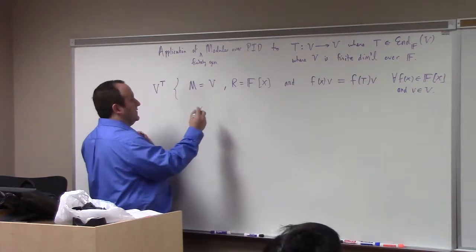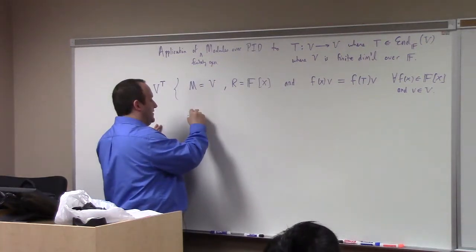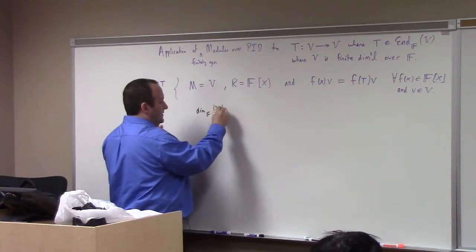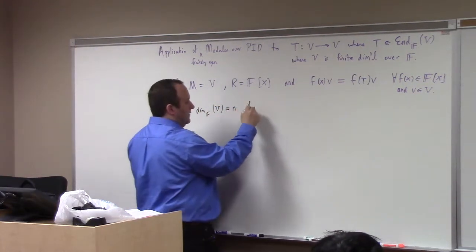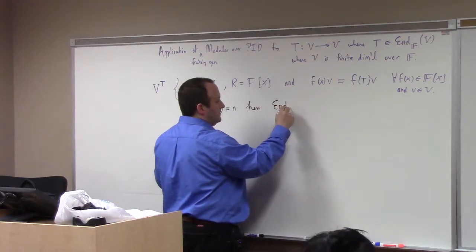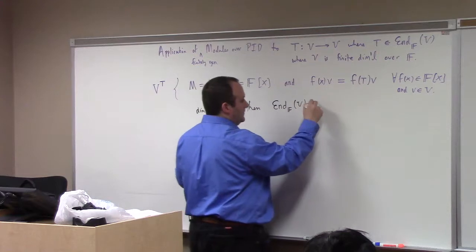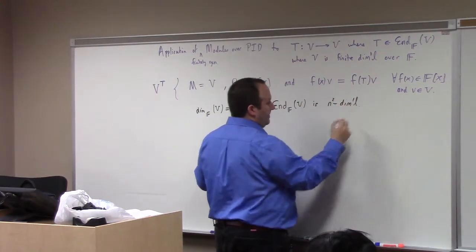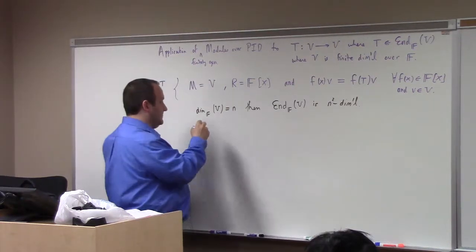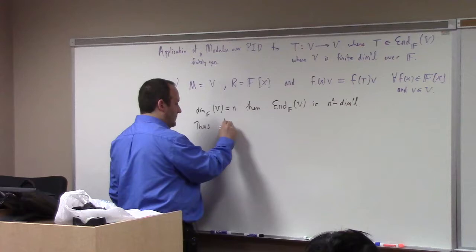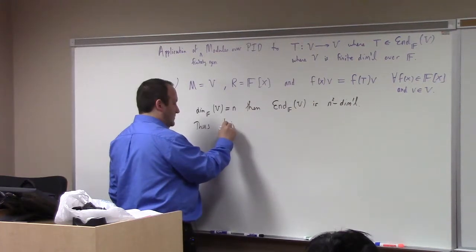You could say, well, if the dimension over the field of V is equal to n, then this thing is n squared dimensional, right? So if you look at the set, how's it go?